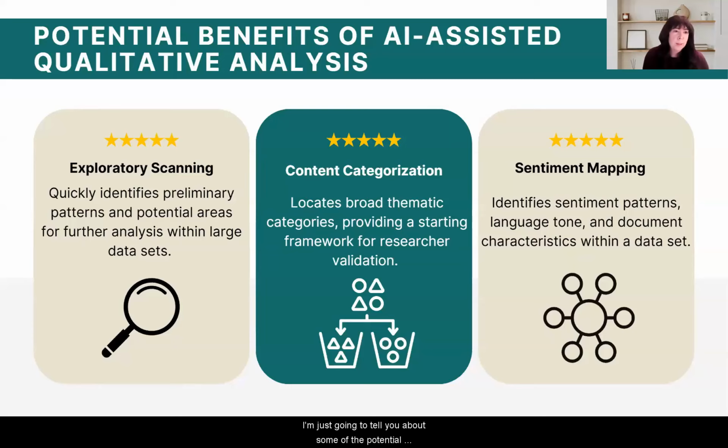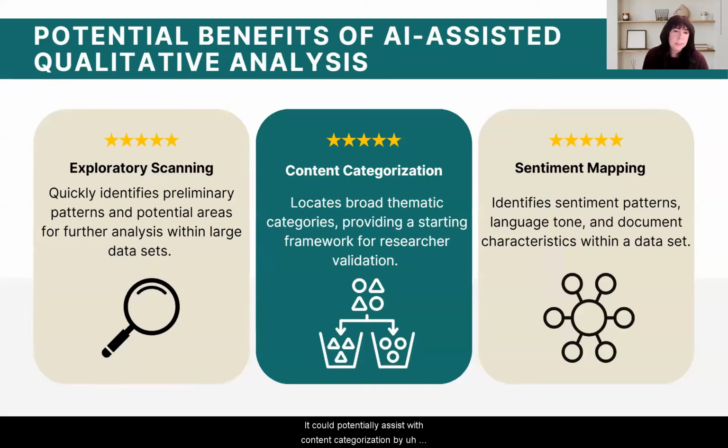But before I do that, I'm just going to tell you about some of the potential benefits of why one might consider using AI for qualitative analysis. In my experience, I found that using different AI systems might be helpful for exploratory scanning of large documents or data sets, in the sense that it could help the user identify preliminary patterns in the data or areas for further analysis.